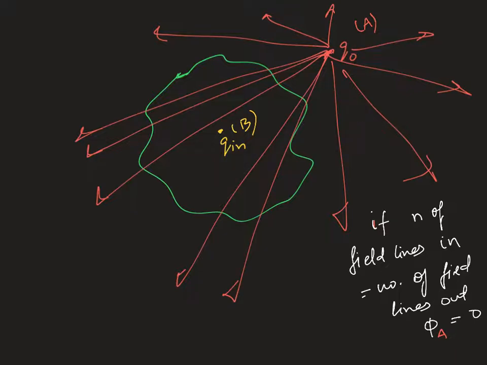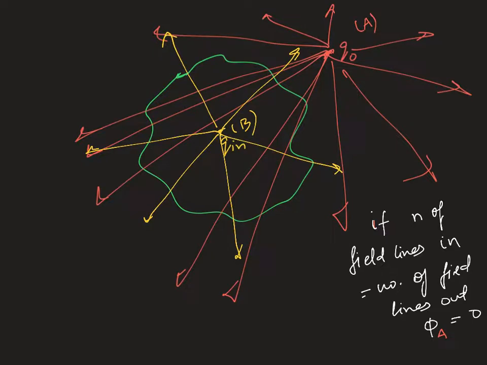Now let's come to the B charge. What is happening in the case of the B charge? Assuming that it is a positive charge, and you will focus only on the yellow lines right now. In all cases and in all circumstances, from the surface you will see lines coming out here, here, here, and so on. Let's count the number of field lines: 1, 2, 3, 4, 5, 6, 7, 8, 9. 9 field lines are only coming out of the surface.